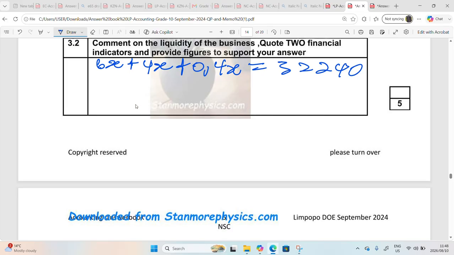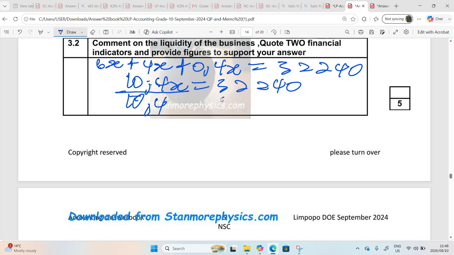Add all those like terms there. Then you will have 10.4x equals 32,240. Then you divide by 10.4 both sides.